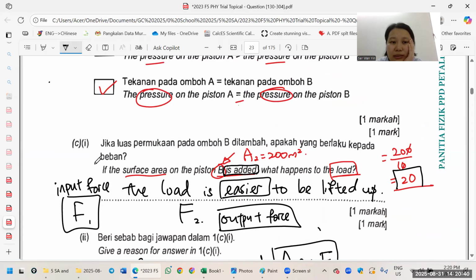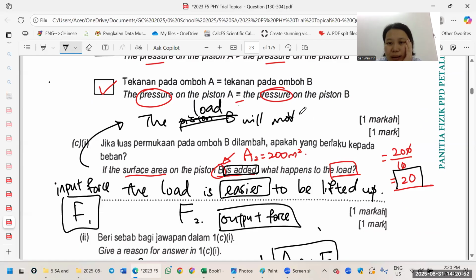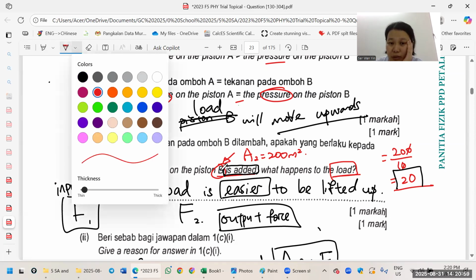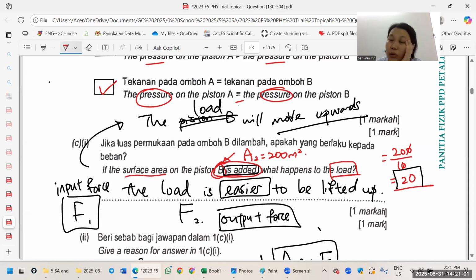If you write like this, that the load will move upwards, it cannot, because originally, even if you don't add the area, it will still move upwards. But if you show the difference from the previous case, the load will move upwards faster.